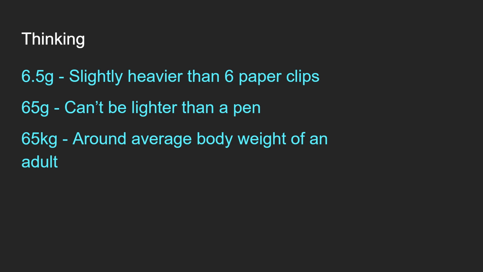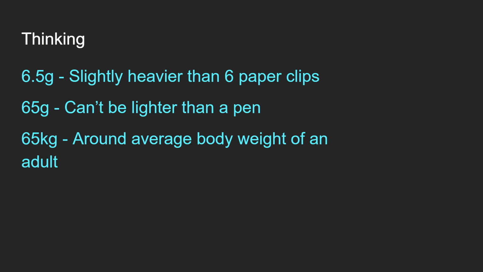And if you actually go and feel it, it's definitely not as heavy as a watermelon. And next, 65 grams, which is a bit better than 6.5 grams, but it's still not, because a plastic pen is 100 grams, and if a watermelon is lighter than a plastic pen, then there's a problem there.